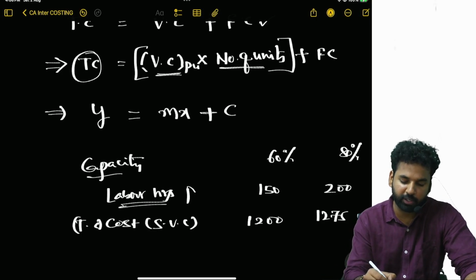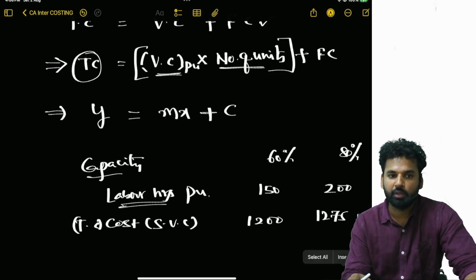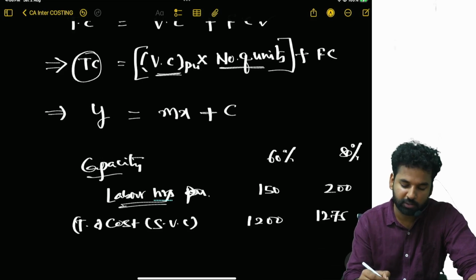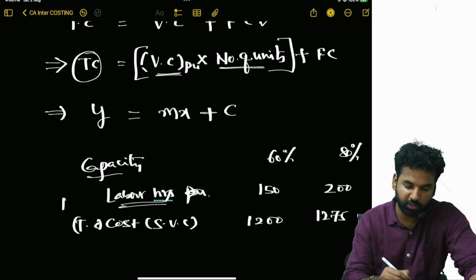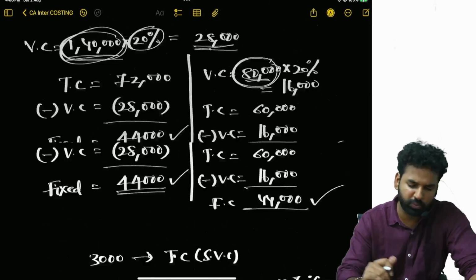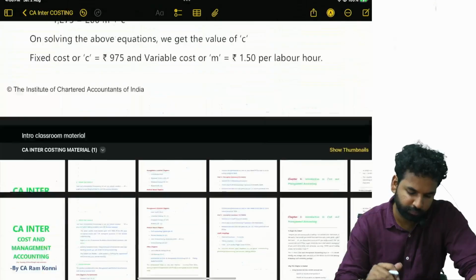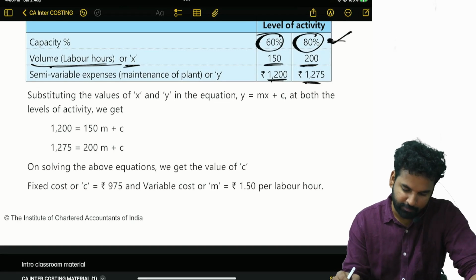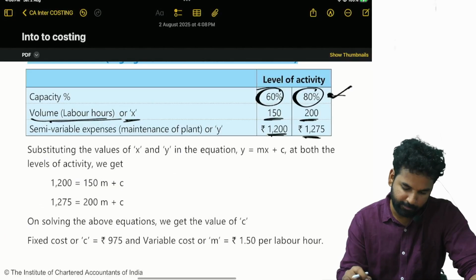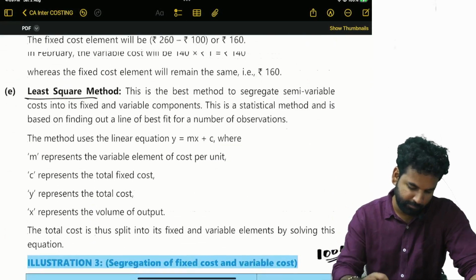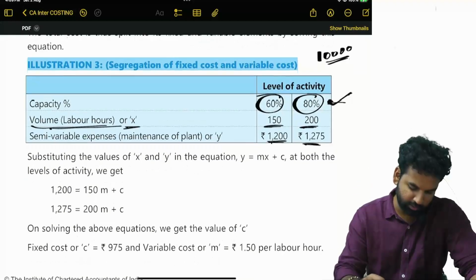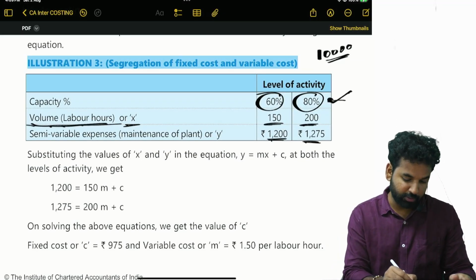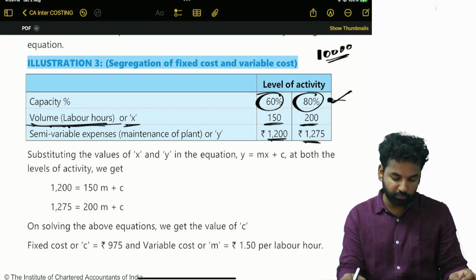Number of labor hours, what is given? See here, the volume or number of laborers.